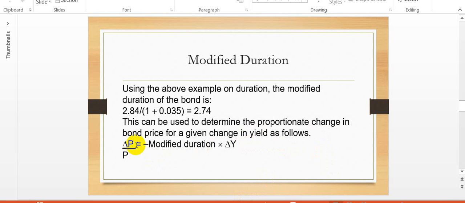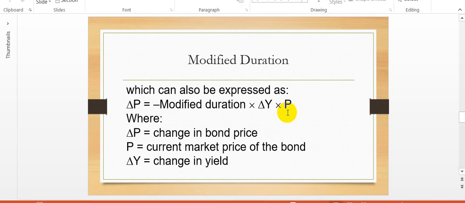Proportionate change in price divided by price equals minus modified duration times change in yield. Note that it says minus modified duration, meaning it has to be a negative.